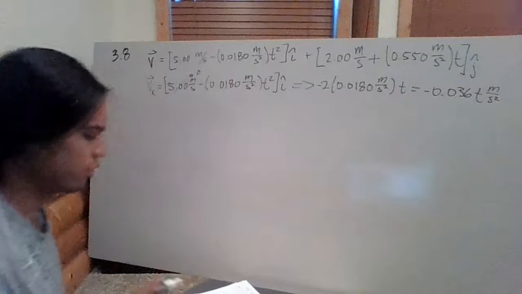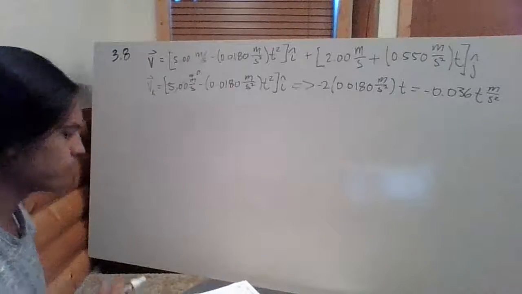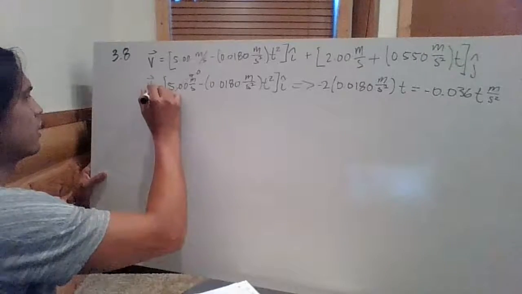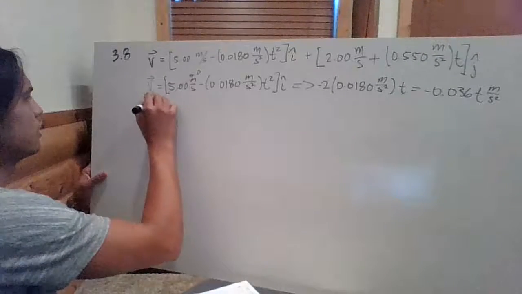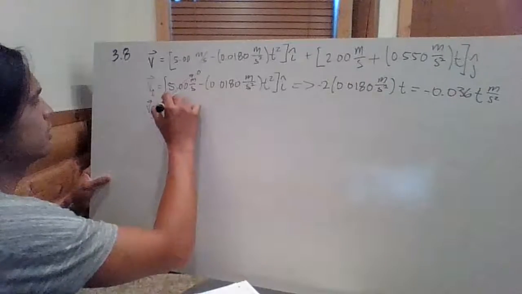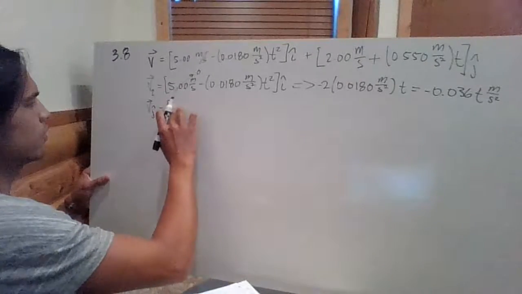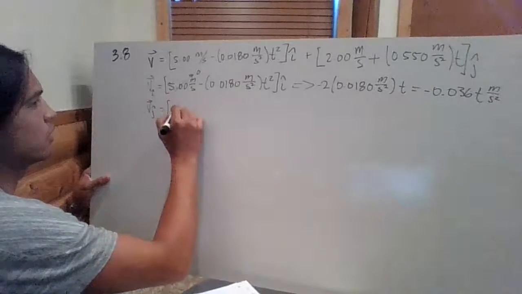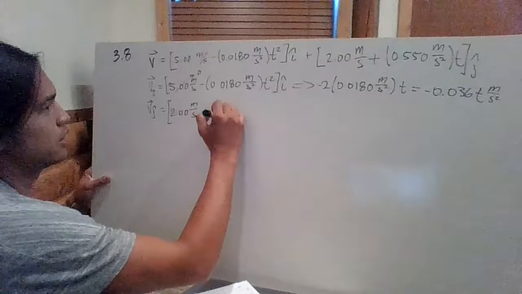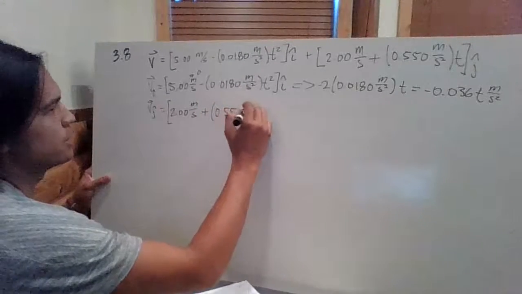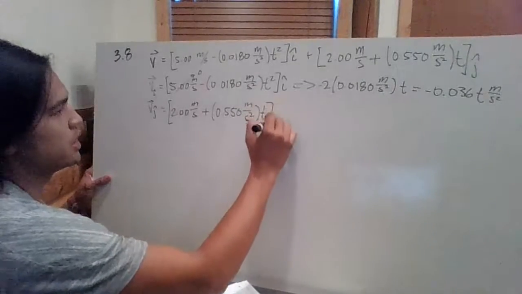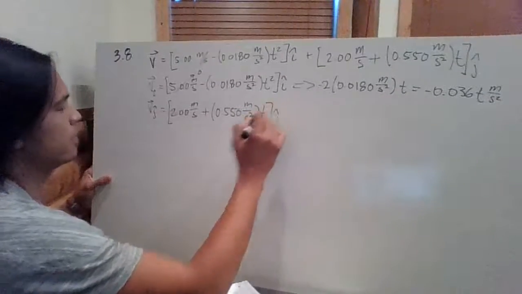And now for the j direction, same idea: 2 meters per second plus 0.550 meters per second squared times t, all in j hat.